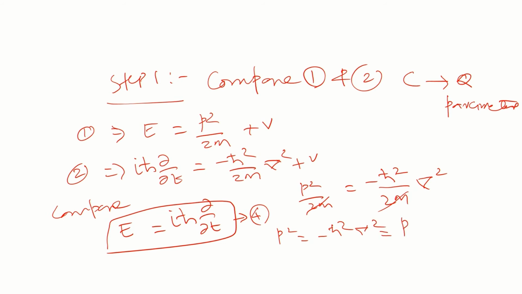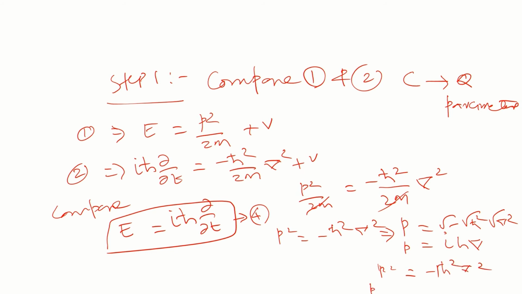Taking the square root, p equals the square root of minus, times the square root of ħ², times the square root of ∇². The square root of minus is i, ħ² is ħ, and ∇² is ∇. So p = iħ∇. In the reverse way, if you square, p² equals i² which is minus 1, ħ²∇².